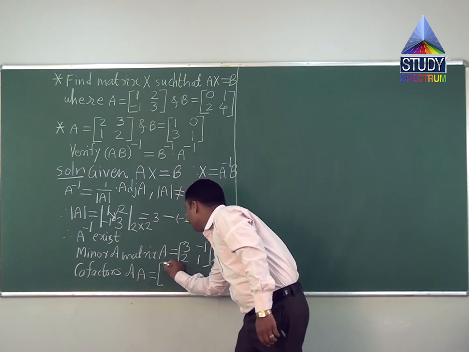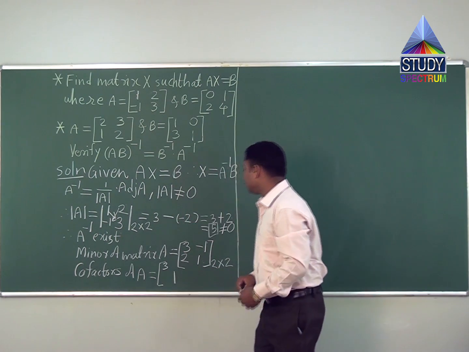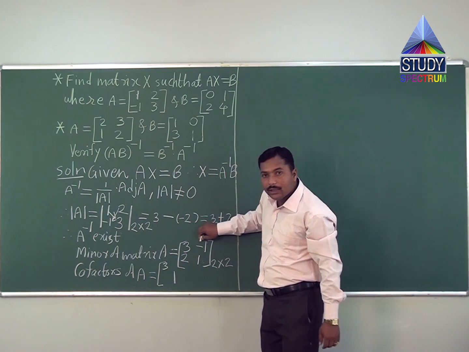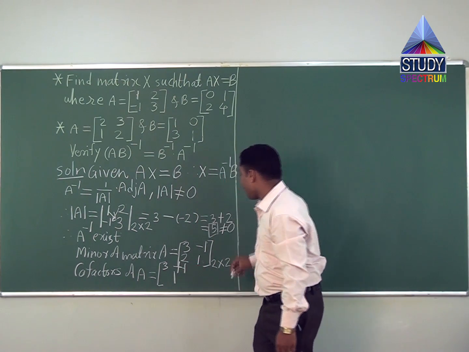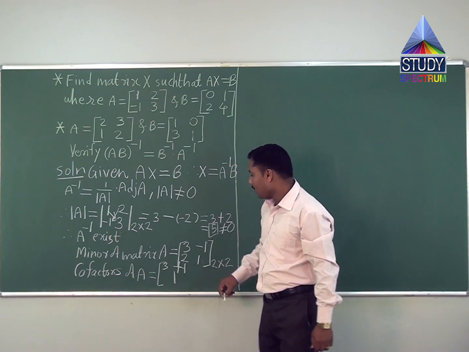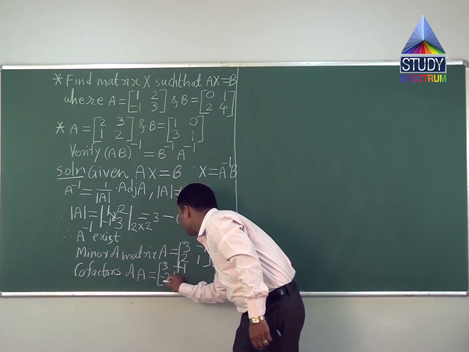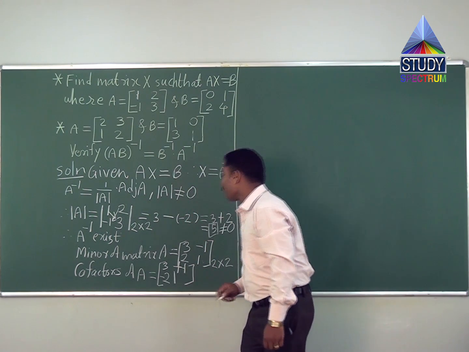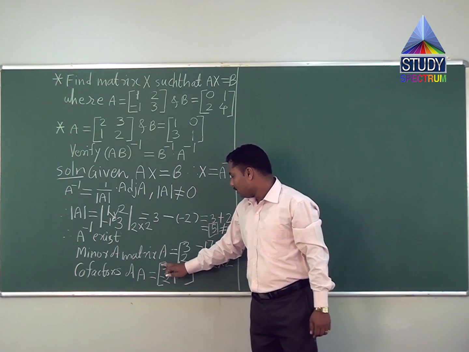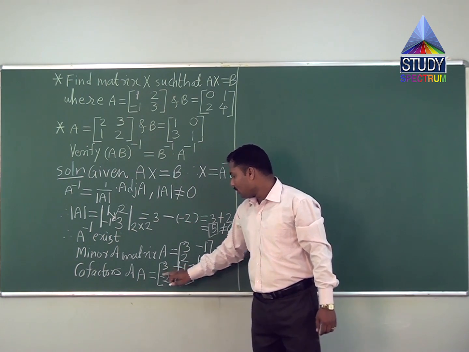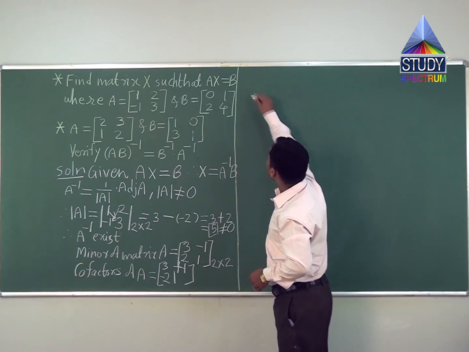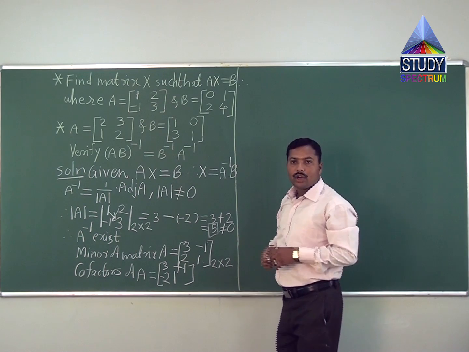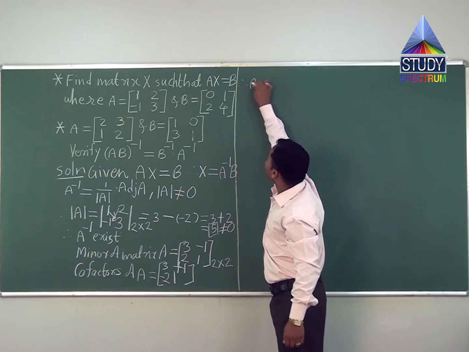So 3, 1 as it is, this minus 1 becomes plus 1, and this 2 becomes minus 2. So what is cofactors of A? 3, 1, minus 2 and 1. So therefore adjoint of A. What is adjoint of A?